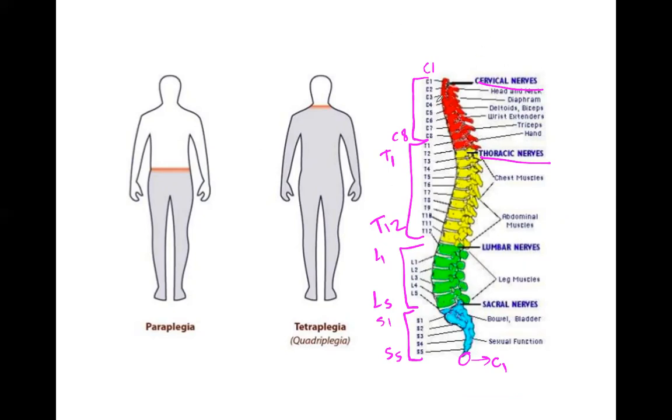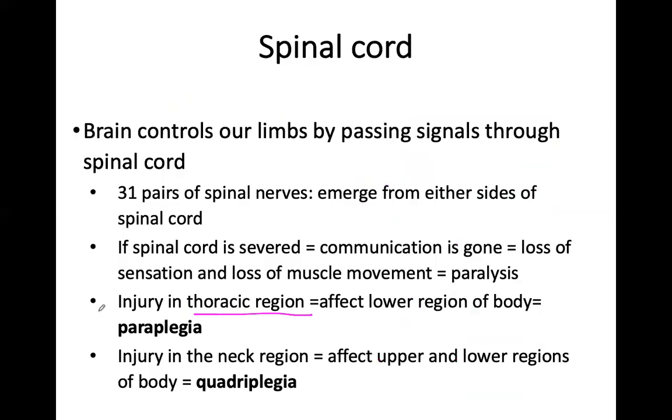However, if the damage is to the cervical region, you affect all 4 limbs and the thorax and the abdominal cavity. That's identified as tetraplegic or quadriplegic. So in that case, both the upper and lower regions of the body are affected.